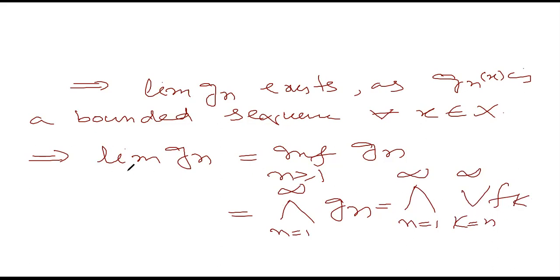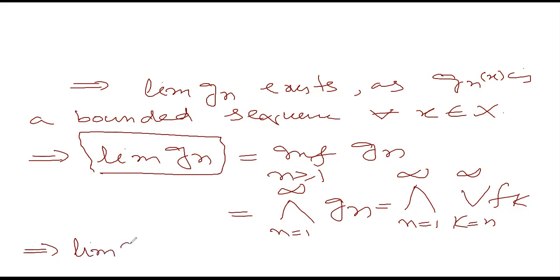But we know that the limit of a sequence of measurable functions is again a measurable function. Therefore, this limit is a measurable function, and this limit is equal to the limit superior of Fn. So we can see the limit superior of Fn is equal to the limit of Gn, which is measurable.